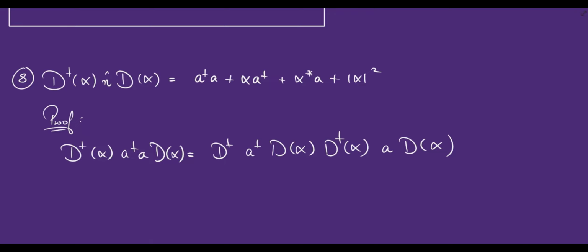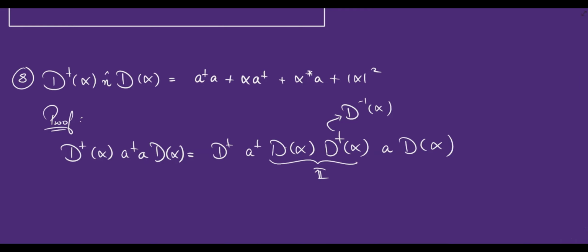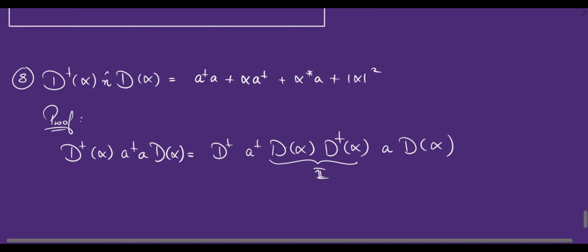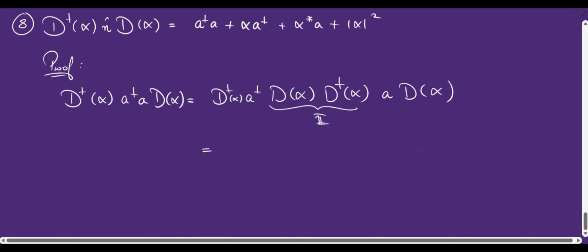What I just did is I used this property that d of alpha d dagger alpha is equal to identity, because we had proven that this is equal to d inverse alpha. So d of alpha into d inverse alpha should be identity. So I just put this in between here and I expanded this particular formula.